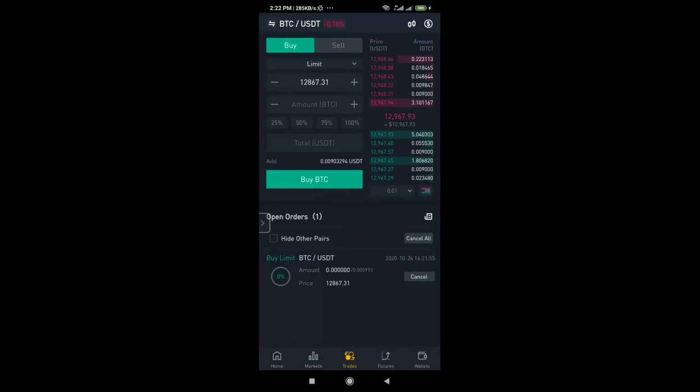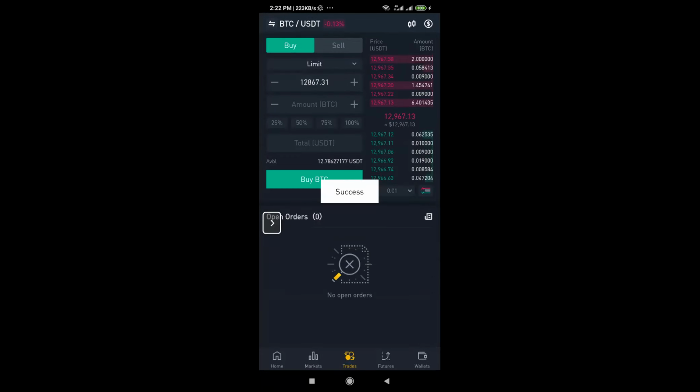It's showing 0% because my order has not yet been filled. Nobody wants to sell BTC right now at 12,867 units. Now I can cancel this order. I don't want to buy BTC at this moment. Cancel this order. It's canceled. So this is for limits.